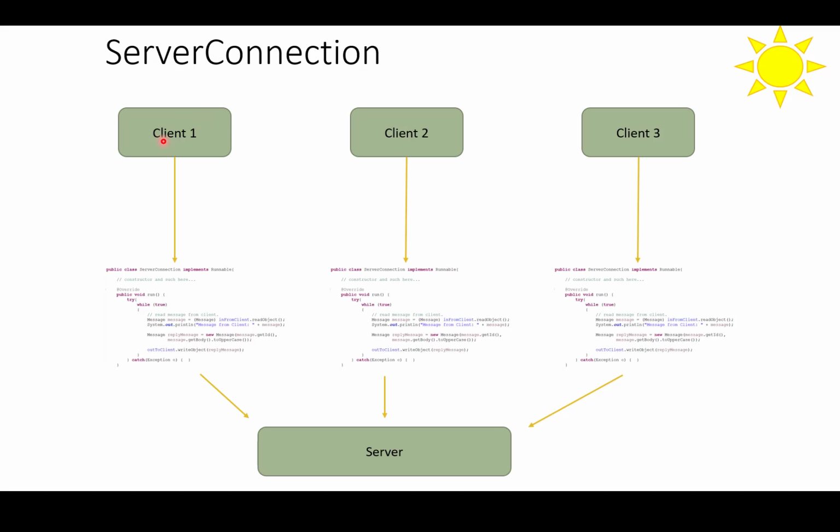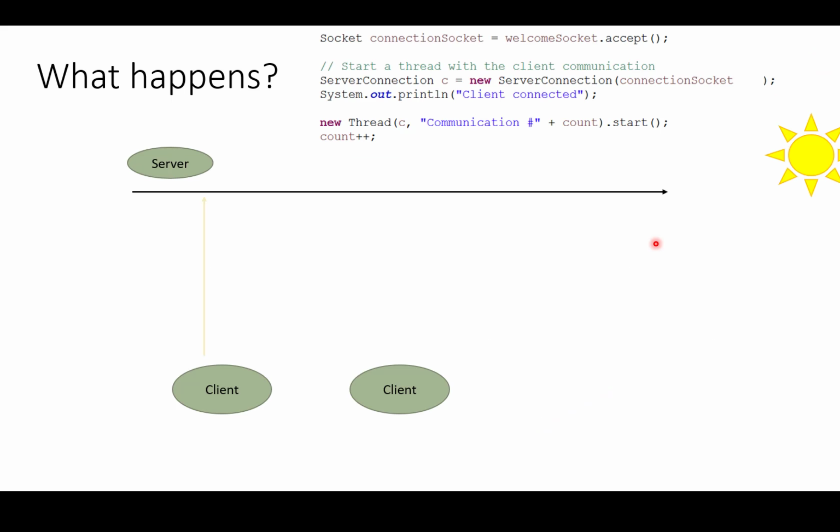And each client is interacting with this thread that may or may not know about the server. In your assignments and the semester projects, it's going to know about the server probably. But each client is connected to a separate thread, so that's why we can have multiple clients running at the same time.